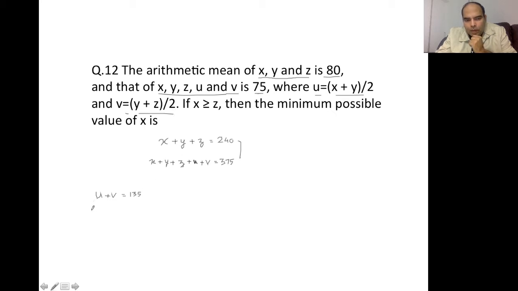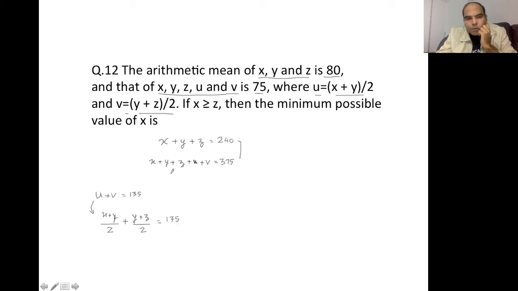So the natural reaction here is that if I use that information for u plus v, I will get x plus y by 2 plus y plus z by 2 is equal to 135.